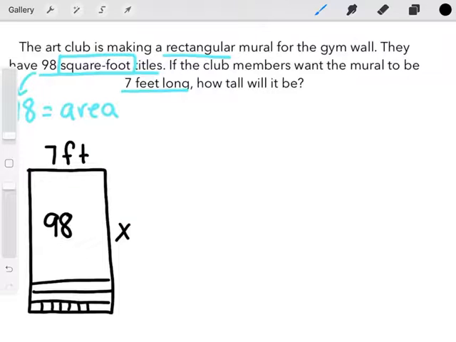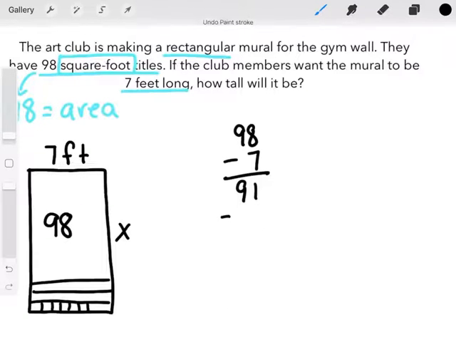So I'm going to teach you a new way to do it. You could have solved this using any of the division strategies that you learned in the last lesson, which was using repeated subtraction. So I could have taken 98 and subtracted 7 times, and kept going all the way till we get a 0.